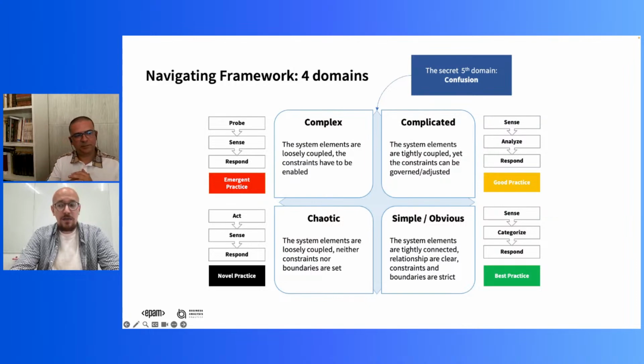We can no longer perceive the causality of the system as simple or obvious. And if we cannot predict the final outcome of the system any longer, then it means that we are probably moving into the complex domain.